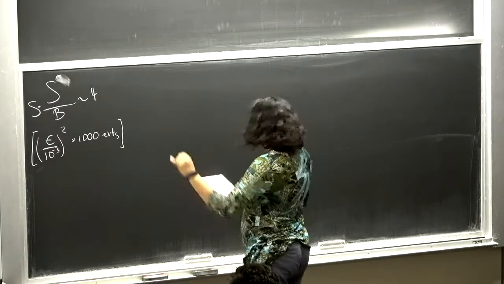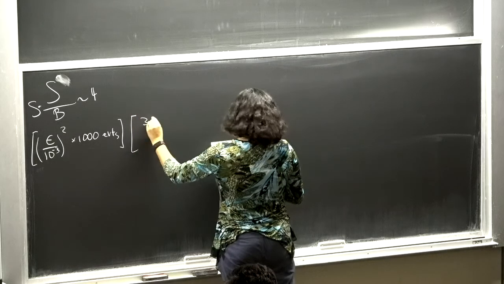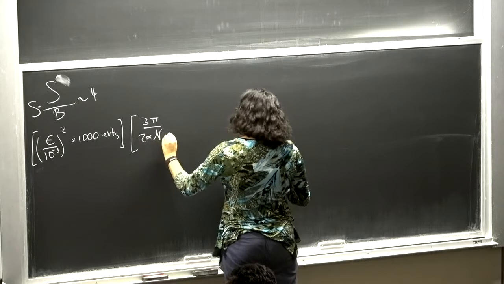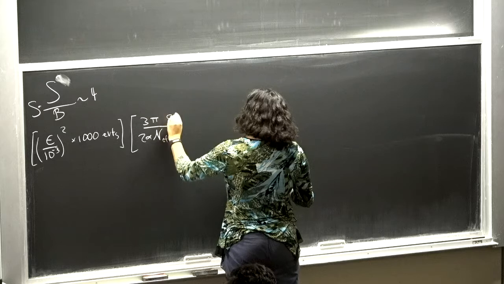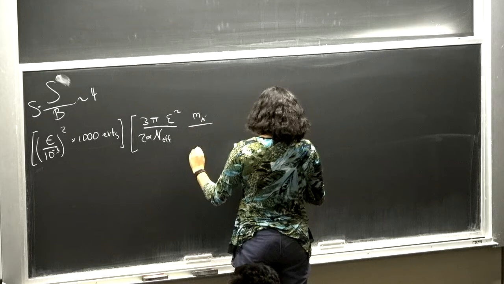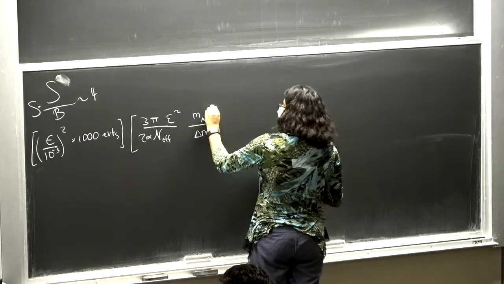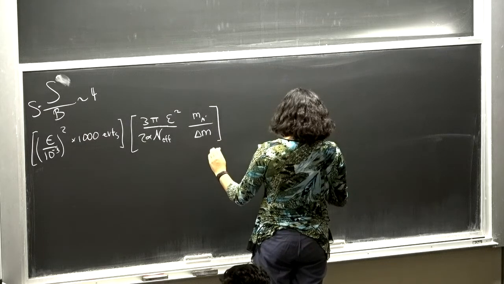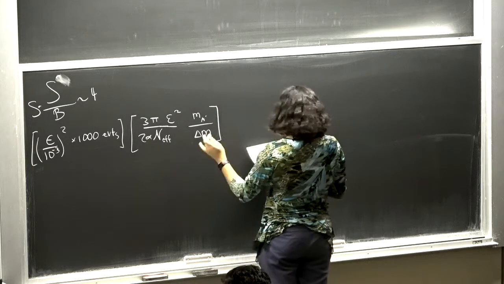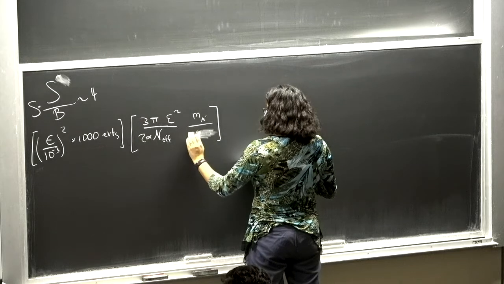Signal over background I get from the formula on the left-hand board, to be this 3 pi over 2 alpha n times epsilon squared times m_A' over delta m. And then that delta m is around twice the mass resolution. So I'll say for low masses, I'm going to plug in, I'll call it 3 MeV.